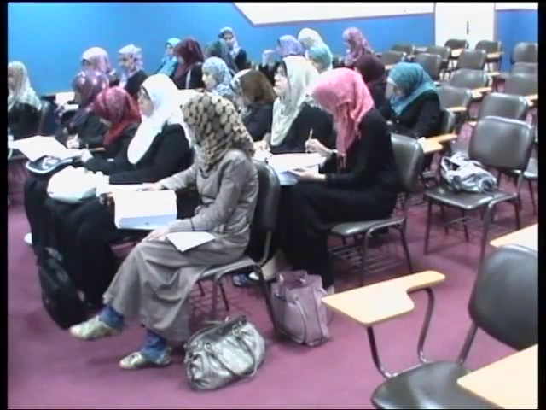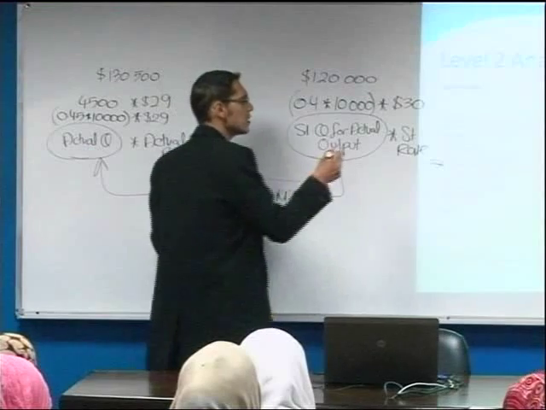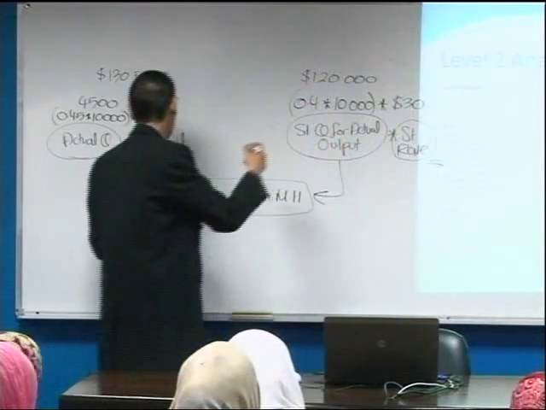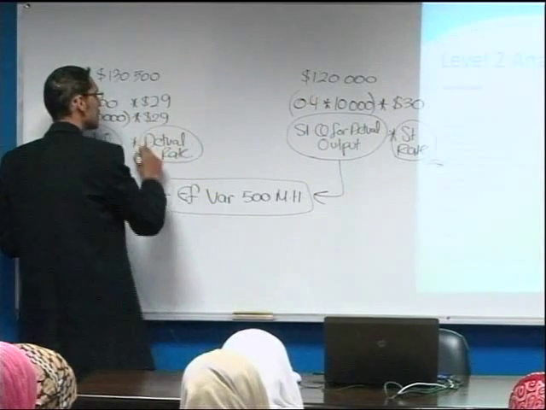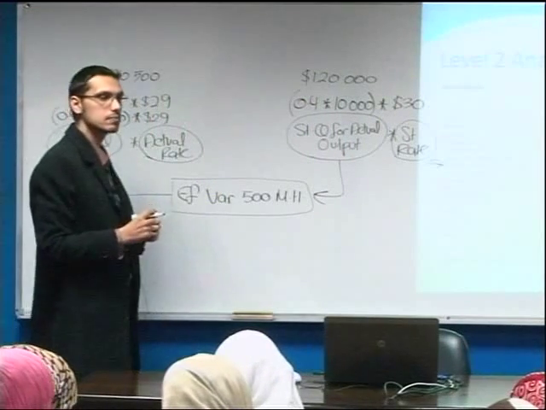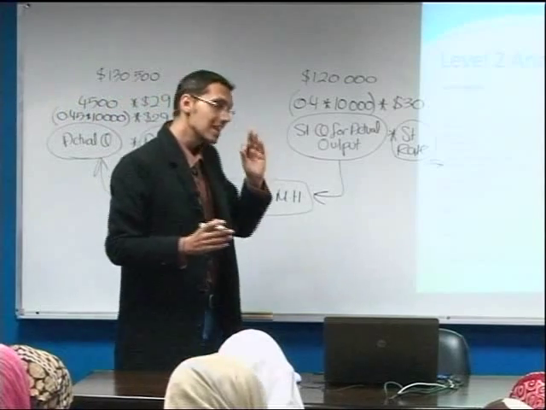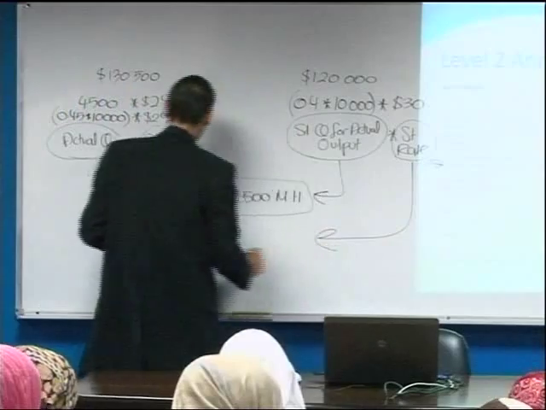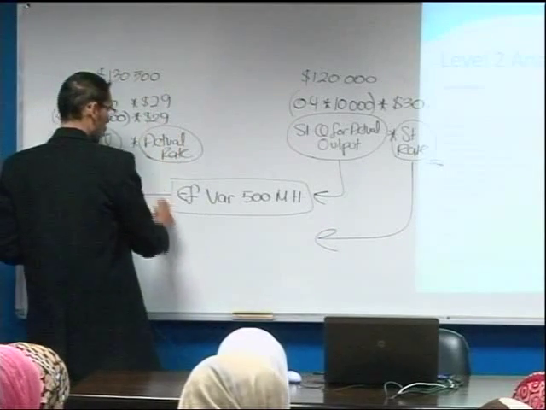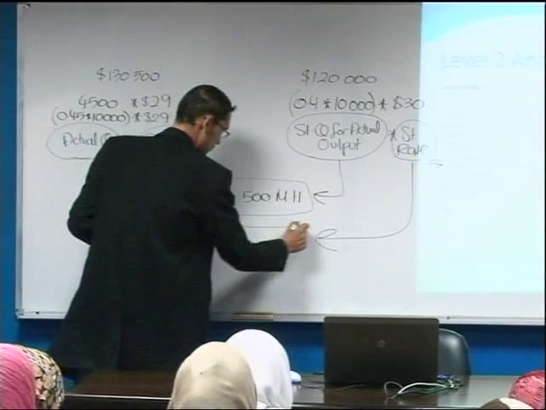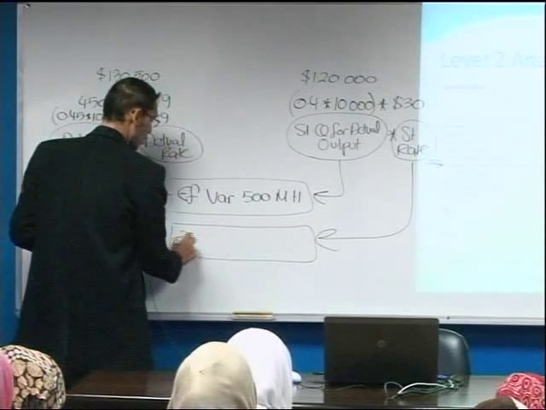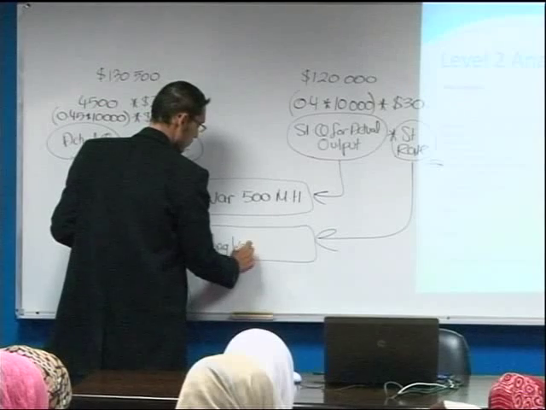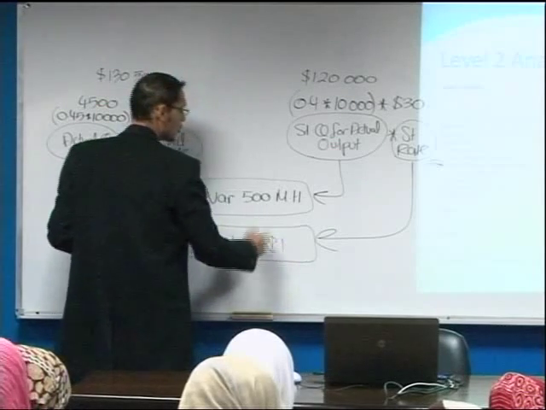Excellent. Therefore, the second cause would be the difference between the standard rate, which is the $30, and the actual rate, which is the $29. Therefore, this difference between the standard rate and the actual rate would be called a spending variance, of course, by the amount of $1.